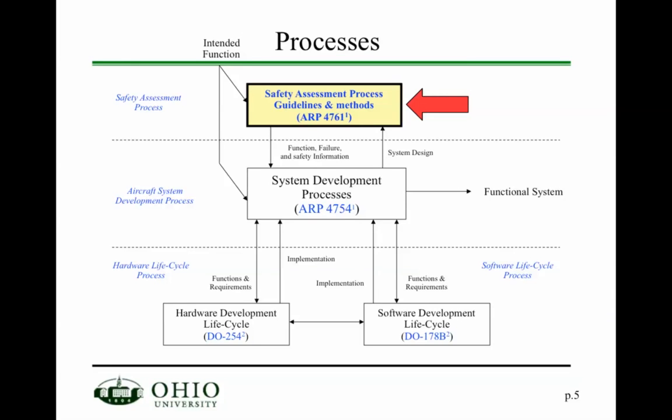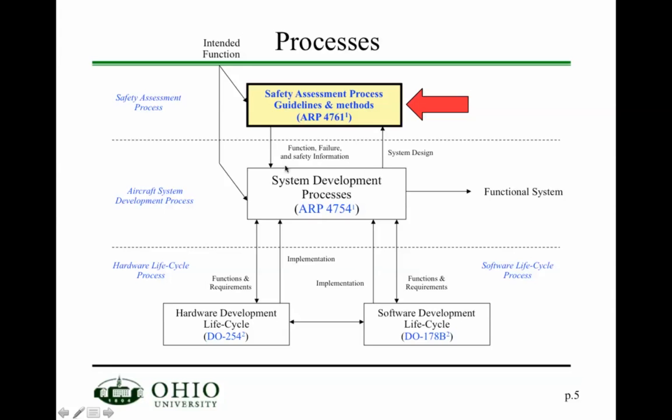Now if you look at this block diagram that we also showed at the end of the systems engineering module, we saw that in the systems engineering model we talked mostly about the system development life cycles and processes, which are specified in ARP 4754. And actually that has been updated. There's a version now called ARP 4754A.